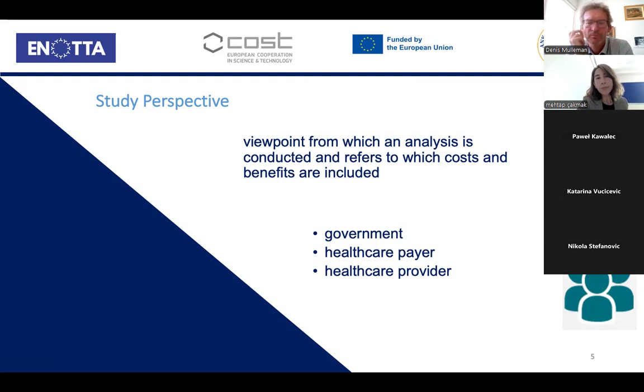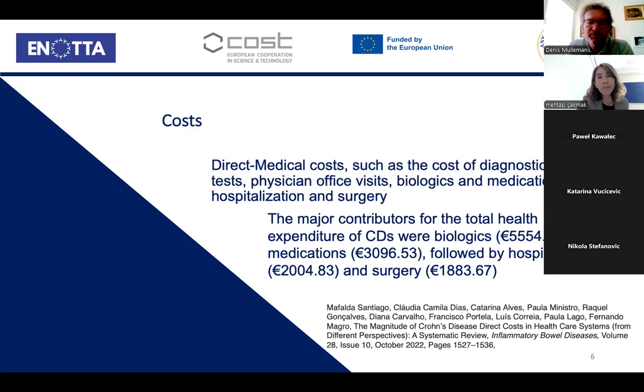It's a viewpoint from which an analysis is conducted and refers to which costs and benefits are included. This can be a government's perspective, payer perspective, even a patient's perspective. And as I said, if we combine them all, society perspective is the most general one.